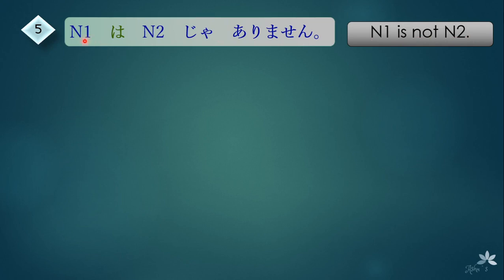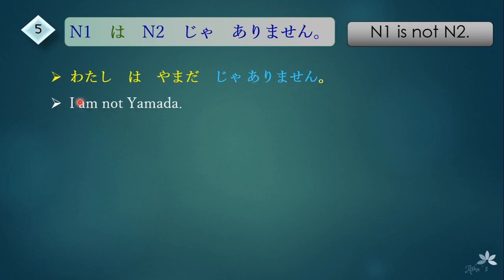The subject N1 is not N2. Let's understand it with examples. Watashi wa Yamada ja arimasen. It means I am not Yamada.